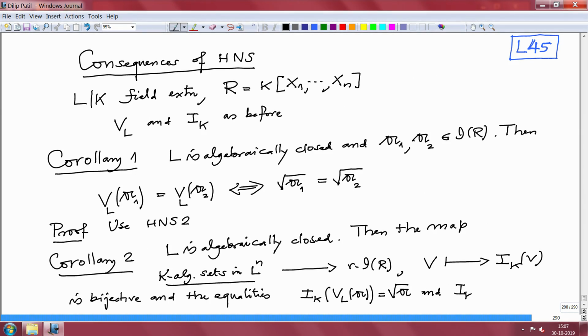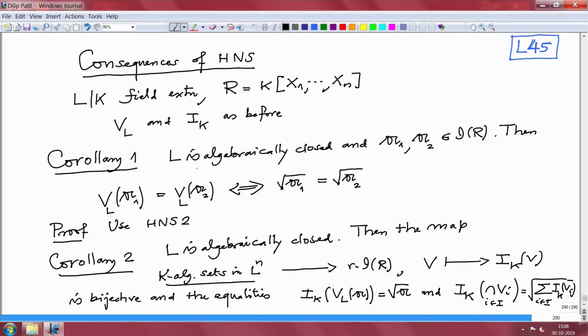And the other one is if I take I_K of the intersection of algebraic sets V_i, an arbitrary number of them, this is equal to the radical of the sum of I_K of V_i. This we have already proved, this is HNS2 in fact, but I just want to record this because it is easier to remember this formulation.